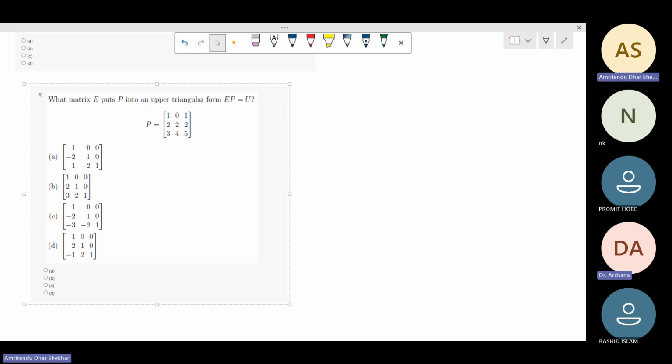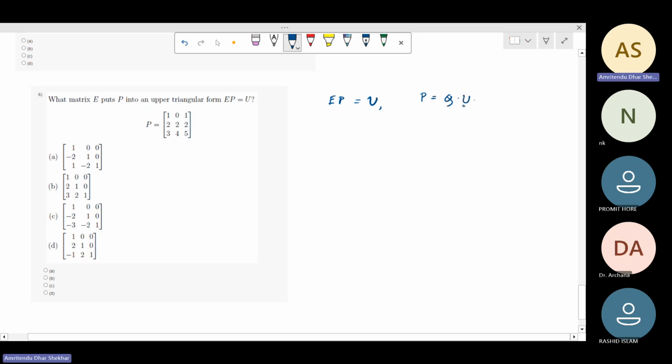Okay, so you want to find a matrix E such that EP is equal to U. So what about QR decomposition? Well, you can write P as equal to some Q times U, where U is an upper triangular matrix.